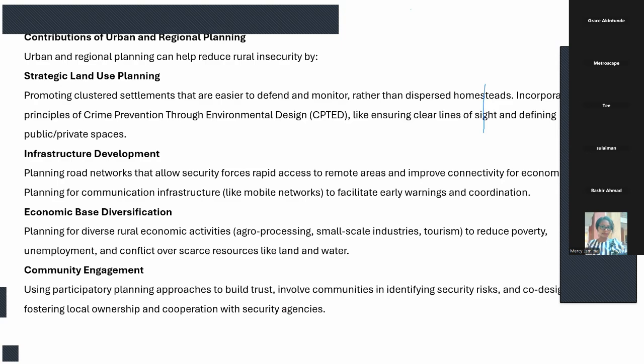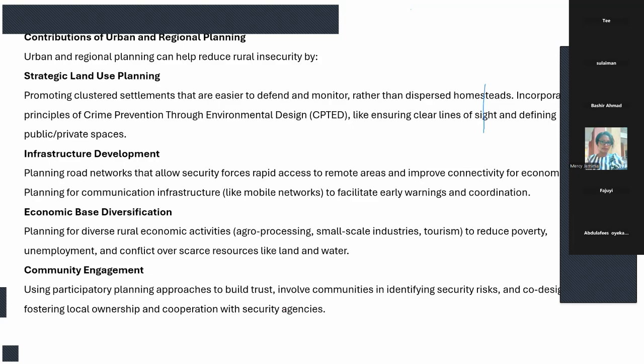Some of them might not have attended any school, maybe not even primary school, so they don't have anything to lose. When they reach adolescence, they will just get a gun and start shooting anyhow, because they don't have the education that might prevent them from engaging in these kinds of activities. But if the area is economically diverse and they have jobs, I don't think they will engage in these activities.